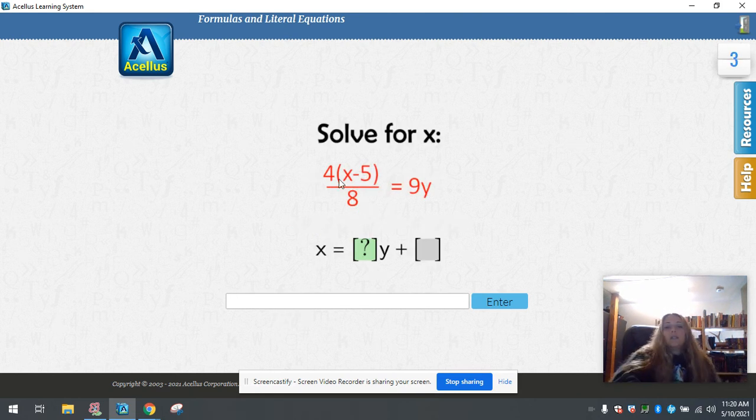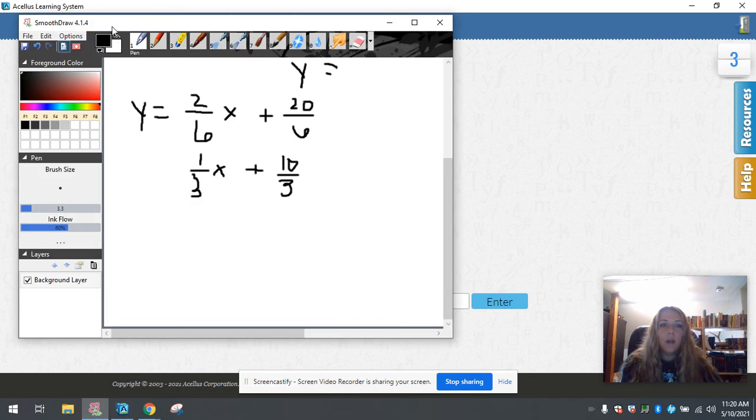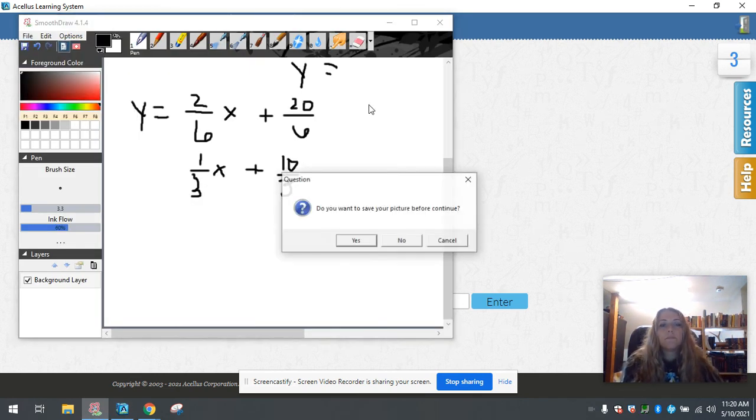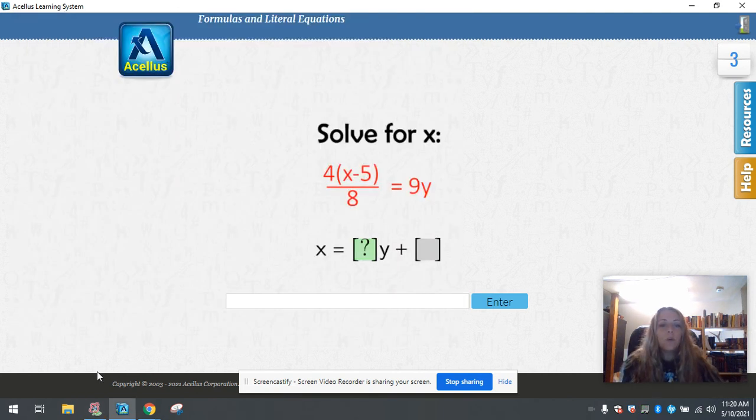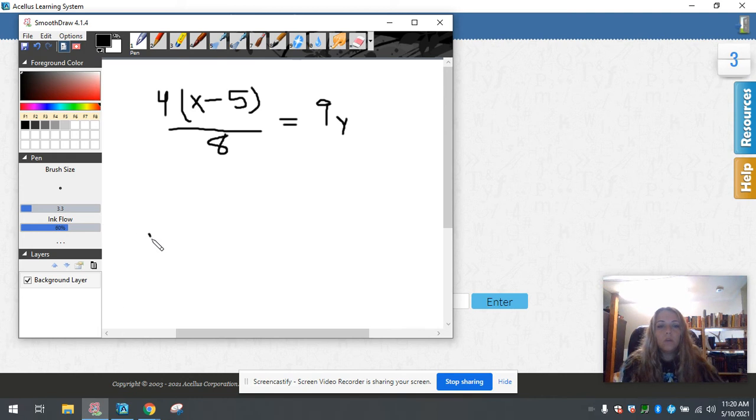4 times x minus 5 over 8 equals 9y. We want to know x equals something times y plus something else.